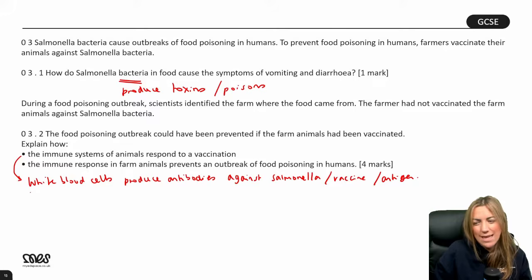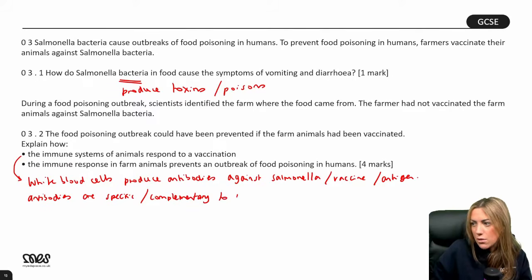Once they've produced the antibodies, I think it's worth us saying that the antibodies are specific or complementary to the Salmonella or the Salmonella antigens, okay?